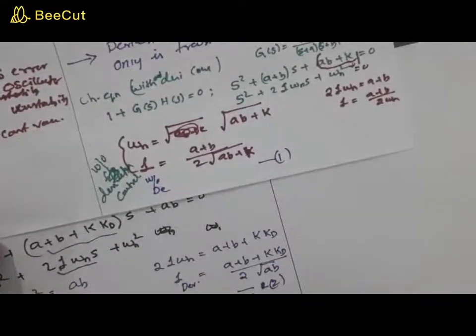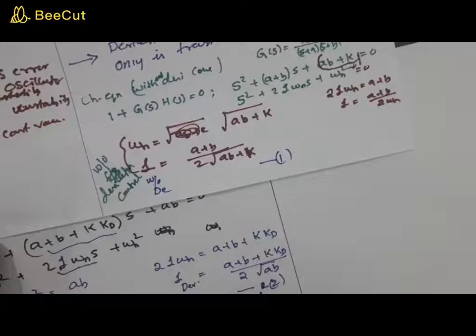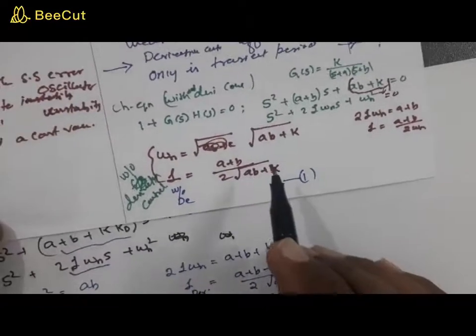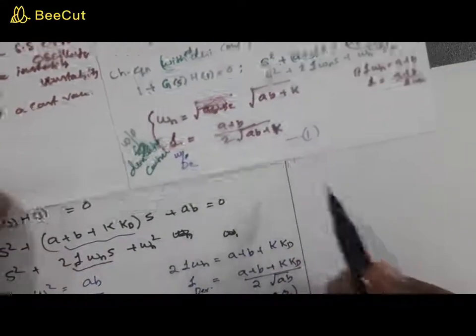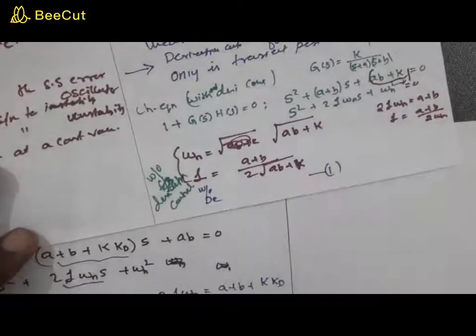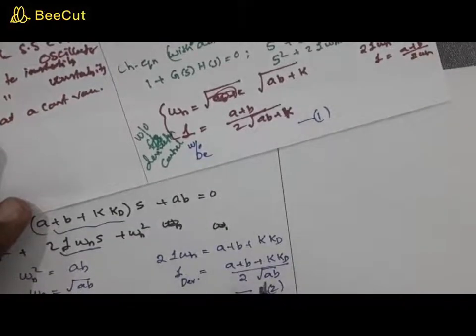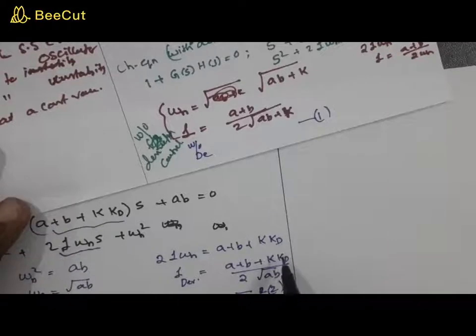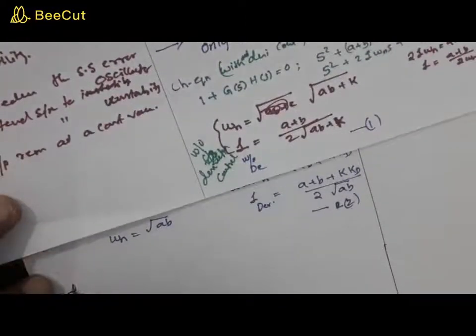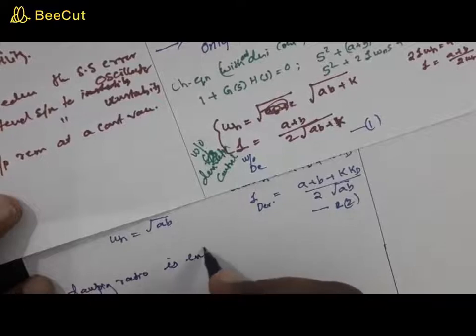Comparing these two equations, you can see that the impact of k is nullified. So what happens when the denominator reduces? The denominator gets reduced while the numerator gets increased. That means your theta value, that is the damping ratio, is improved, or increased.